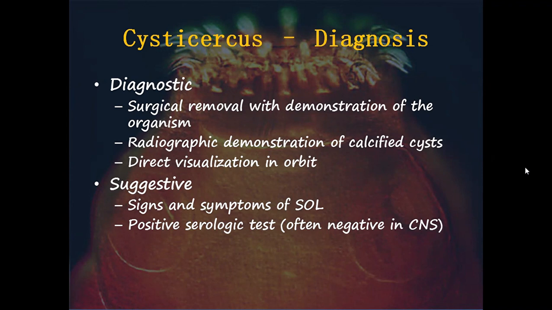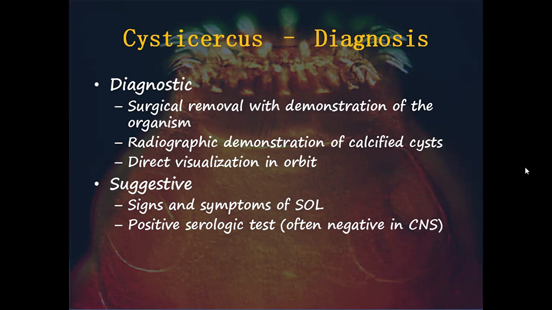Suggestive signs and symptoms, especially in neurocysticercosis, will be signs and symptoms of a space-occupying lesion or even stroke. Okay, you can do a blood or a plasma serologic test, which will be negative in cranial nerve cysticercosis.